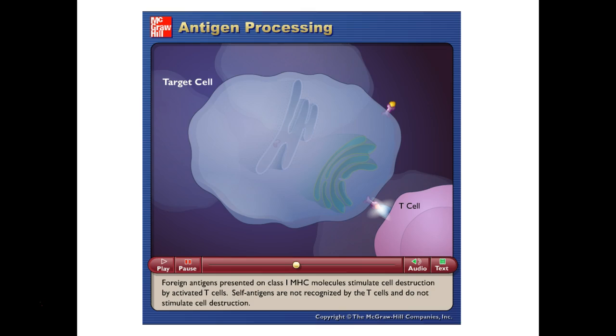And of course, CD8 goes with MHC class I, which is found on all nucleated cells. So this is going to be an interaction with a CD8 cytotoxic T cell, because CD8 and MHC class I is that special handshake. Those are the two cells that can communicate with each other, and therefore it's going to lead to destruction of this cell.